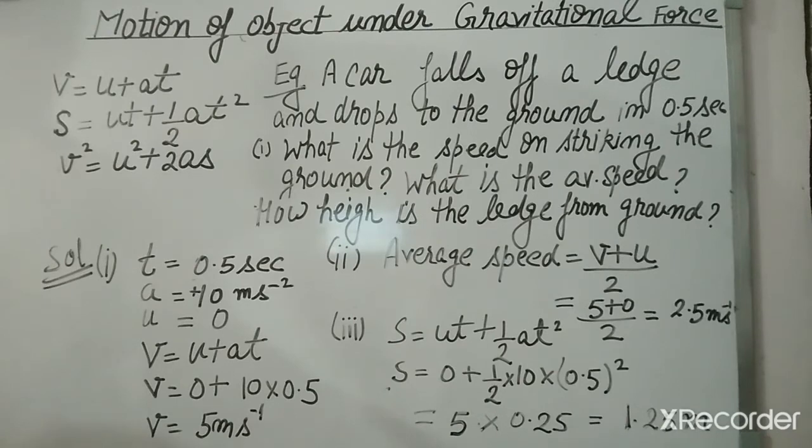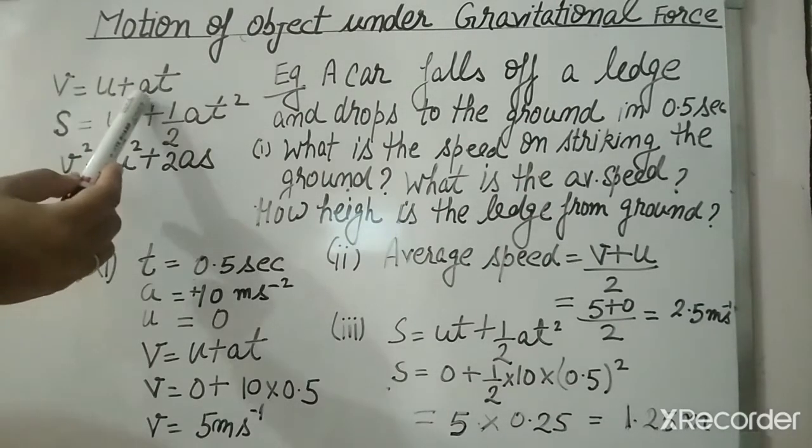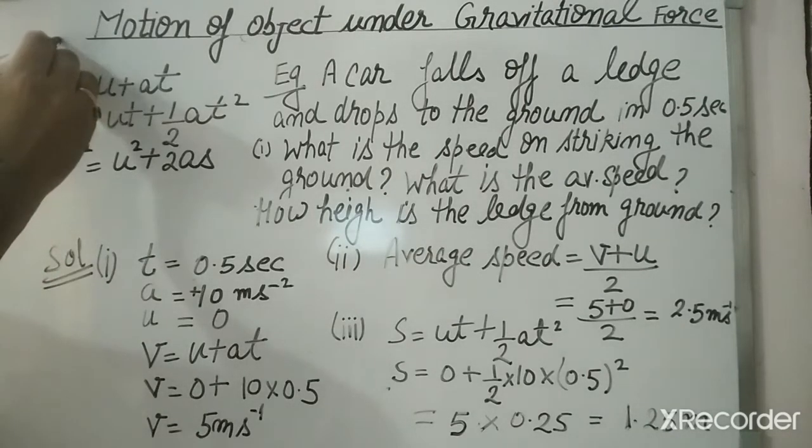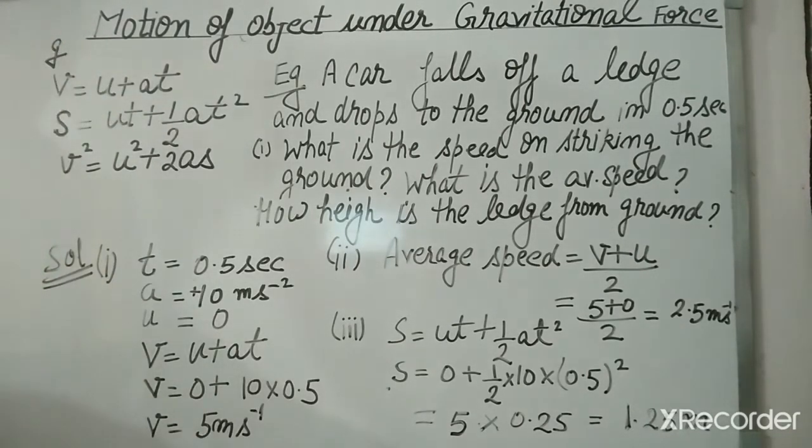So we know that an object experiences acceleration due to free fall. When an object is falling down, it experiences acceleration, right? Acceleration is denoted by a. But when we talk about gravitational force or acceleration due to gravity, it is denoted by g, right?